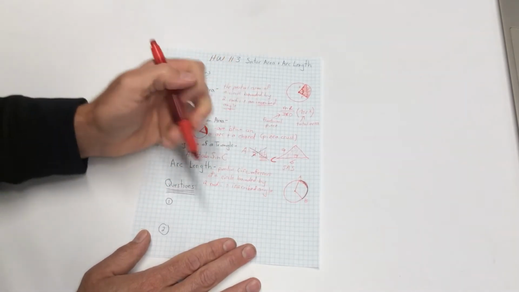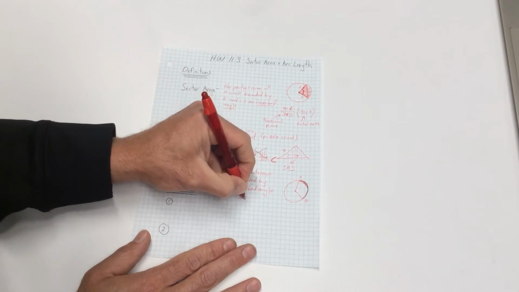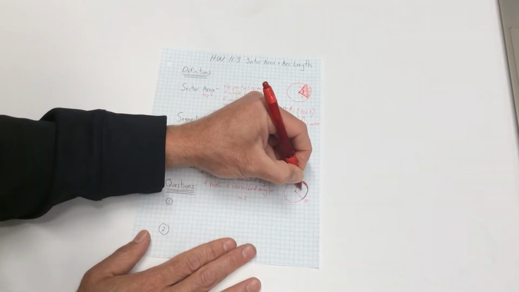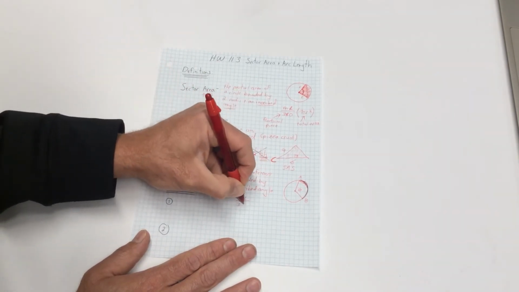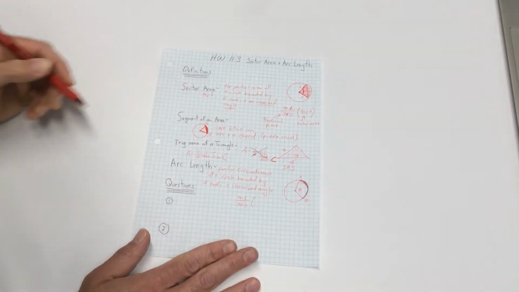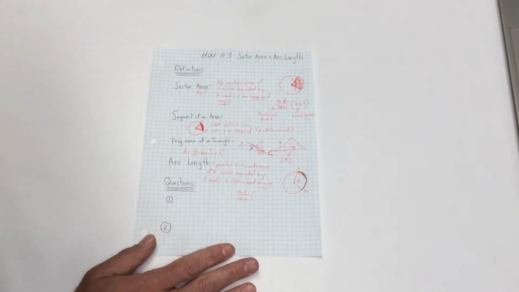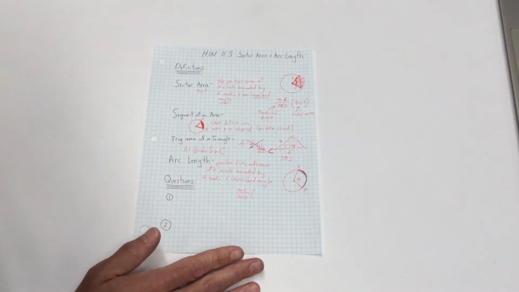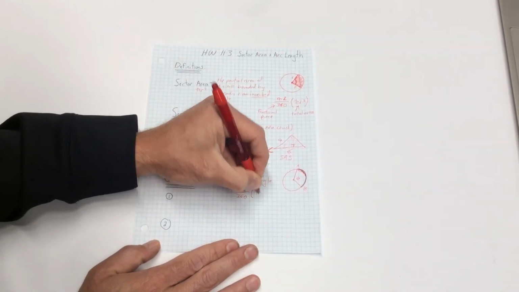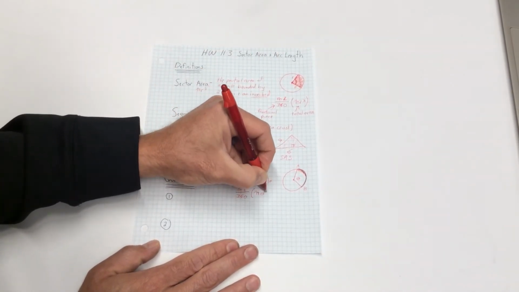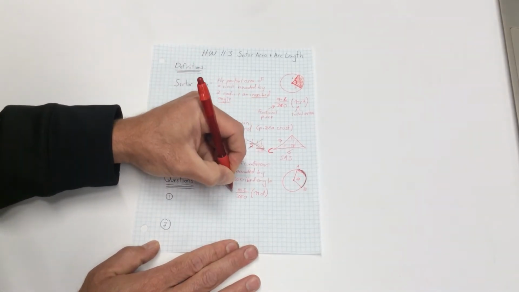So the fractional piece you'll find by taking the measurement of this angle, whatever this angle is. Okay, I put a little theta there, over 360 times the whole. Now the whole for a circle, for circumference is not pi r squared, but pi d. And I'm going to use pi d just to make it look much different than the area formula.